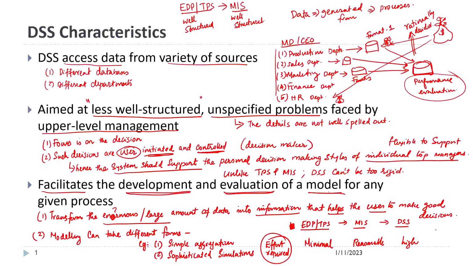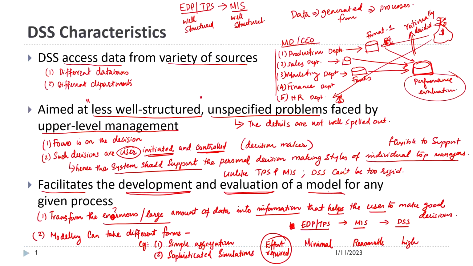So, the decision making process in the DSS is initiated and controlled by the top level decision maker. So, it allows for his or her personal style of decision making and creates information that is relevant to that person to make rational or good or effective decisions. So, I really hope that you understand how the DSS has evolved from the transaction processing system, through MIS, to a DSS.